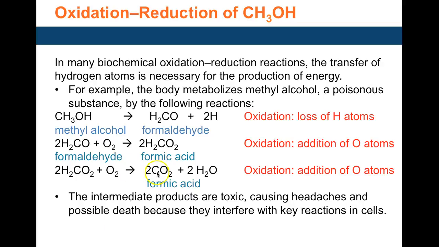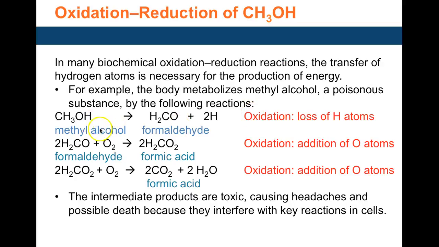Okay, redox in methanol, right? So many of these redox reactions, especially the biochemical ones, involve these transfers of hydrogen atoms. At the same time, electrons are also getting moved around, all right? So methyl alcohol, methanol, is poisonous, all right?